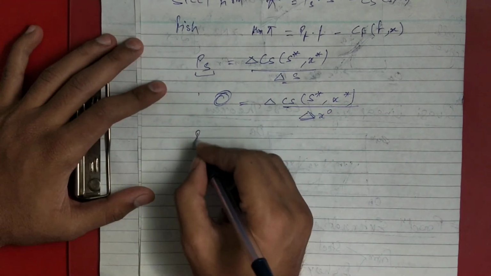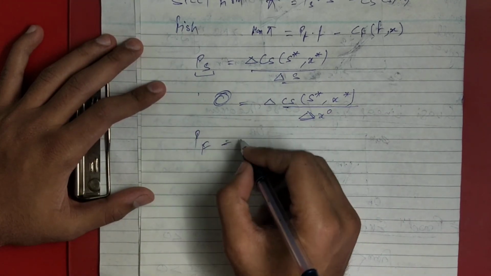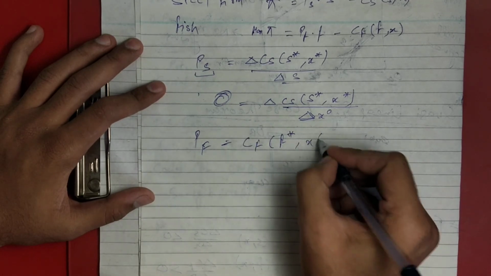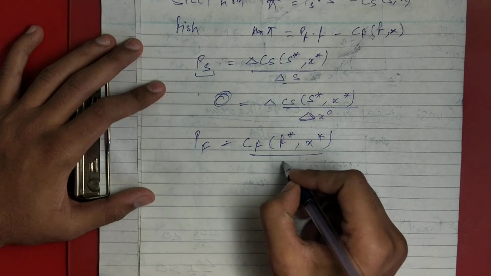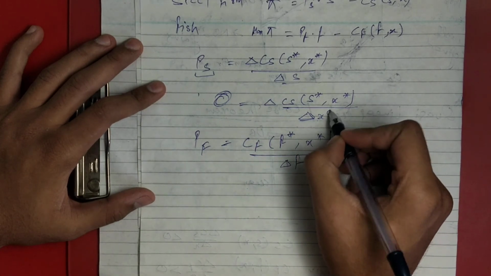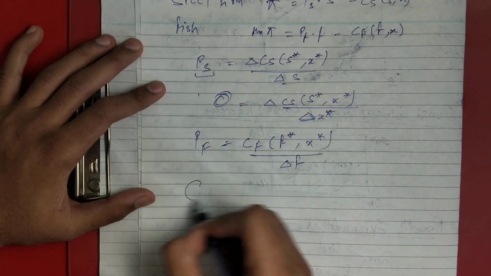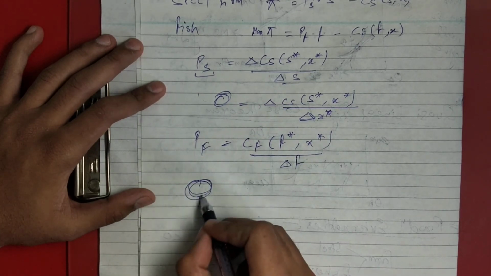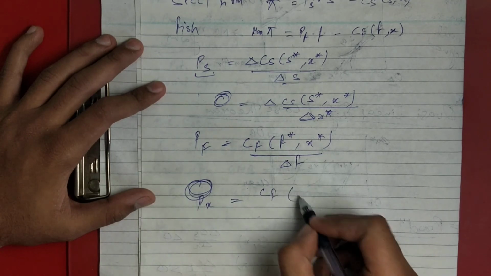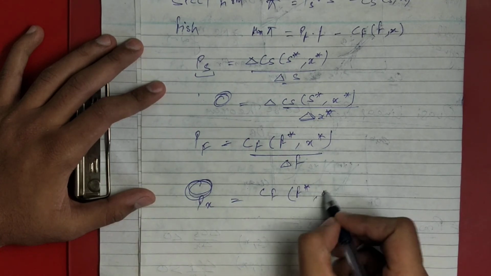Similarly, from the fishery's point of view, it will be the derivative with respect to F at F star and x star, and if you do it with respect to x also, it will create some cost, which will be your px. Here it won't be 0, it will be the derivative of the cost with respect to x at x star.